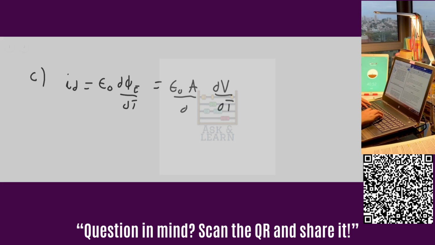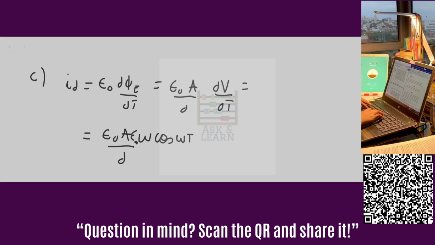And we have V for the EMF generator. So this is equal to epsilon 0 A divided by d times omega cosine of omega t times the EMF value, epsilon m.